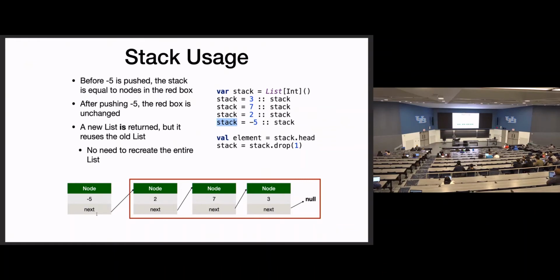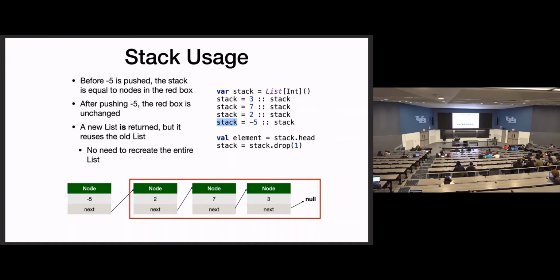When we do that, our original list with 273 was not modified at all. So we didn't violate the immutability of this list in any way. This list in the red box, the list as it was before we prepended -5, is identical to the way it was. It can be immutable, and that's fine. It just stays exactly the same.